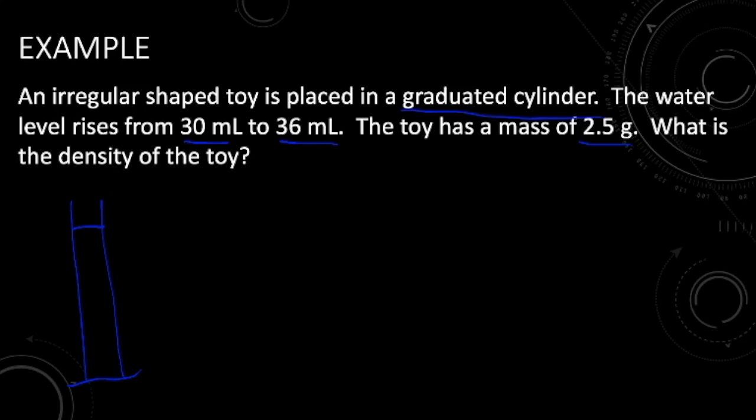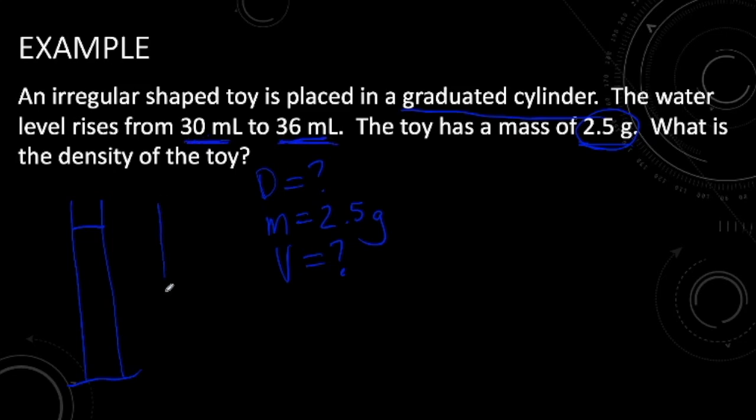We have our mass right here, 2.5 grams. We don't know the density. Our volume is some kind of unknown, and we need to use these values in order to calculate that volume.